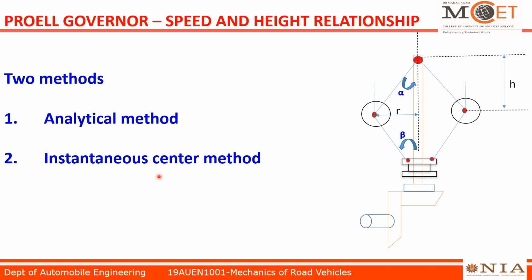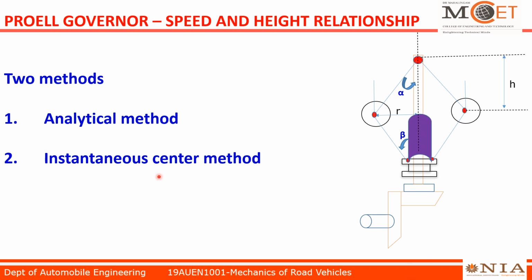The weight may act on the S1 and S2 points. Half of the central load will act on the left side and half of the central load will act on the right side. But the Porter governor also has the same thing. But what differs the Porter and Proell governor? We have to go for that.